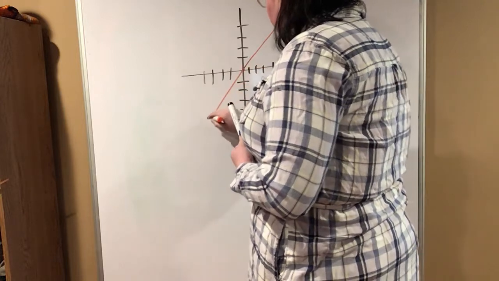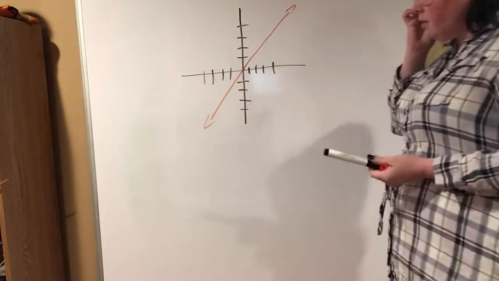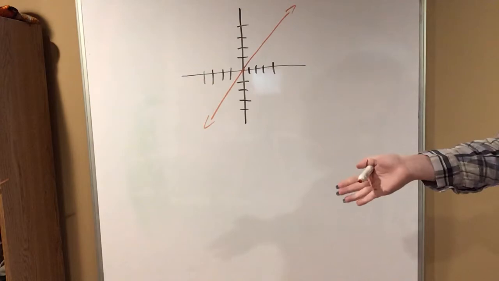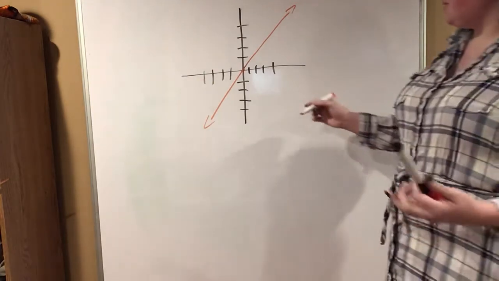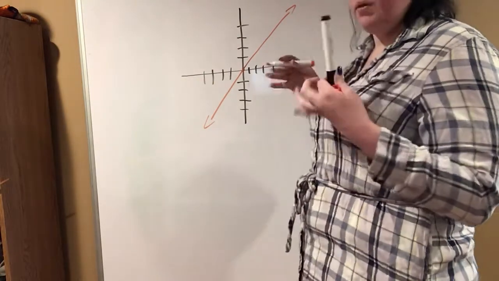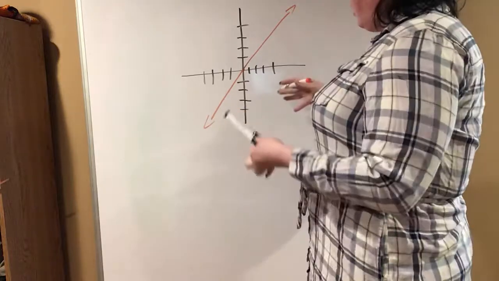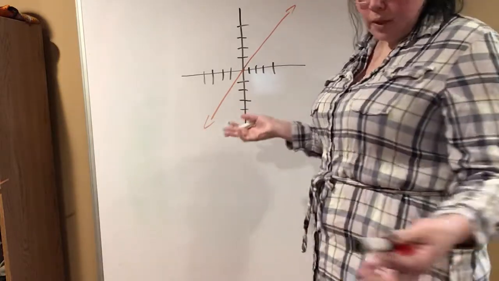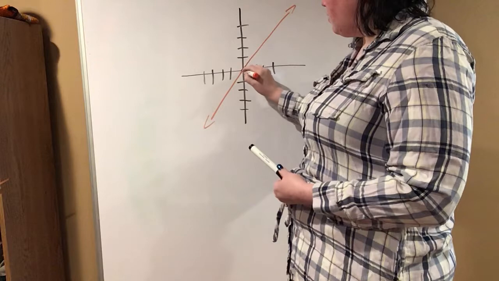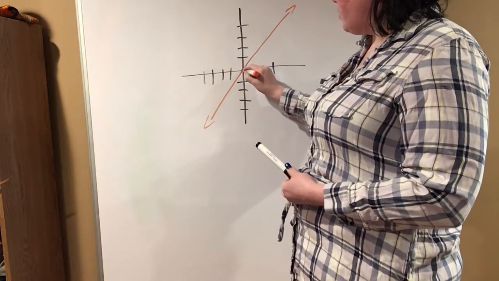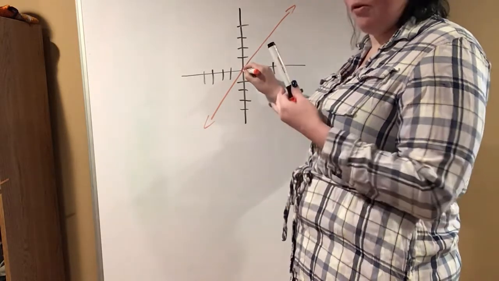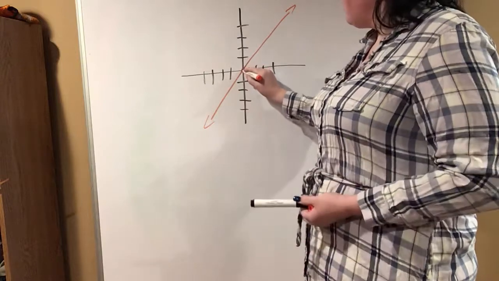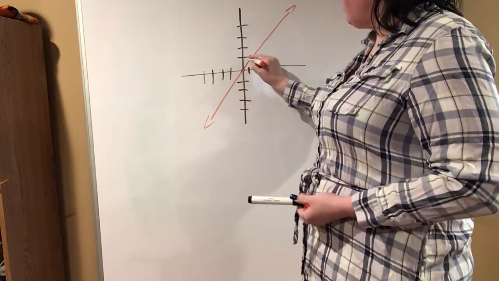I'll make it easy. So if I'm given a line, and they're like, okay, I want you to find the slope. Well, the easiest way to find the slope is to find a nice point where it's passing through one of the axes, right? Well, I've got one right here. So I'm going to use this point, and I'm going to see how much I'm going up and over. You just got to count. So I'm going up 1, over 1.